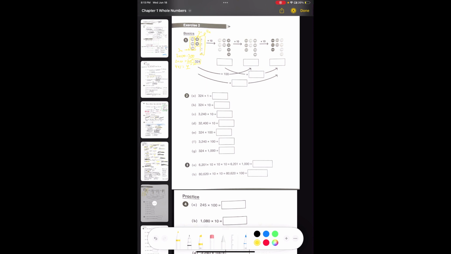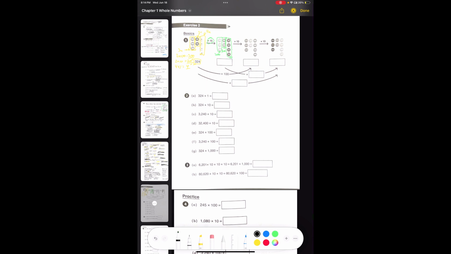Now, if you look at this, it says times 10, and it's just times 10, so we still have 3 of these bubbles, but now they say thousands. We still have 2 of these, but now they say tens. Now they have 4 of these, but they say 10 on it. So we have 3,240 here.